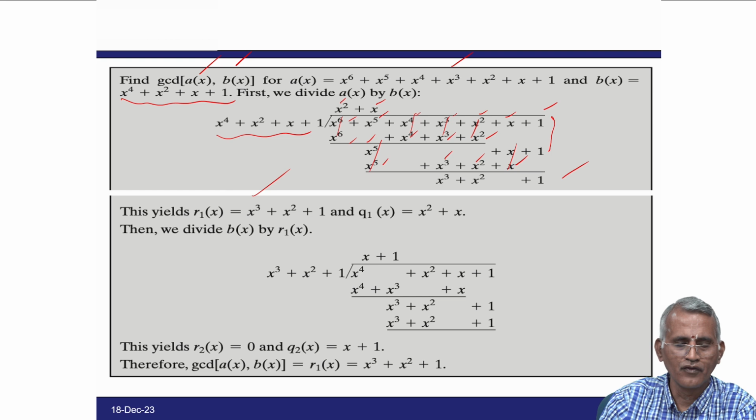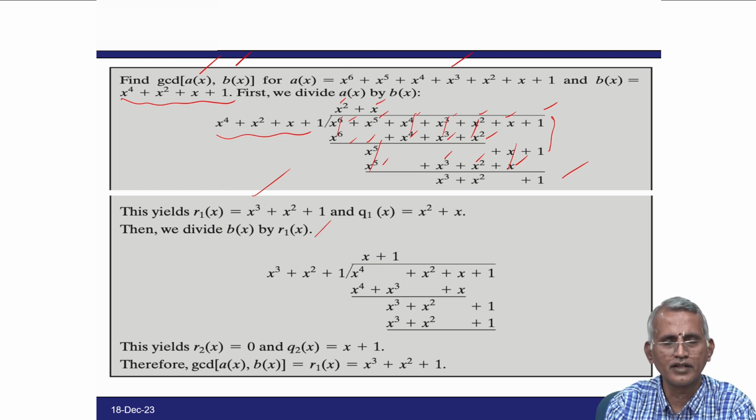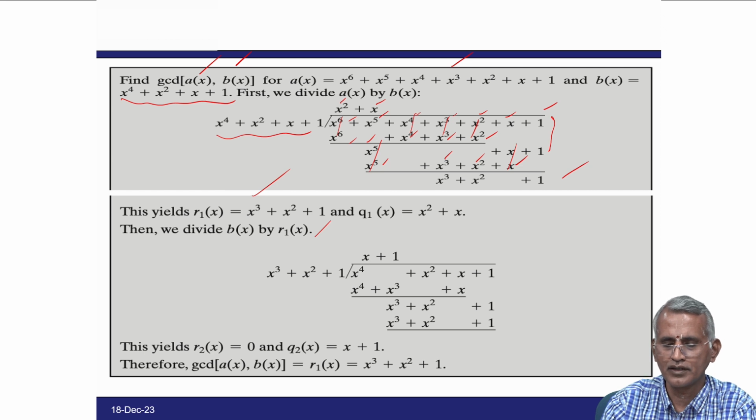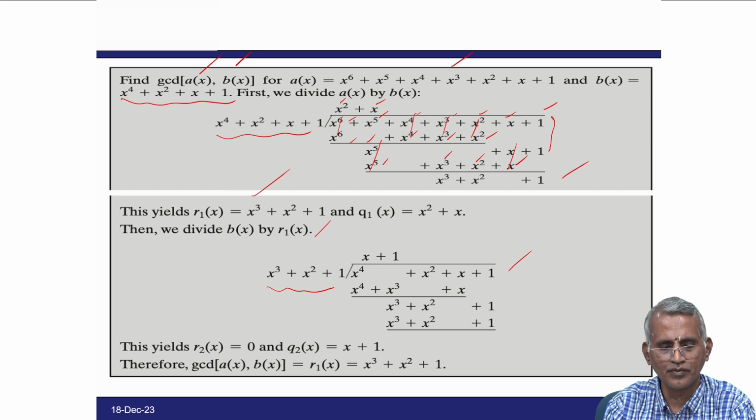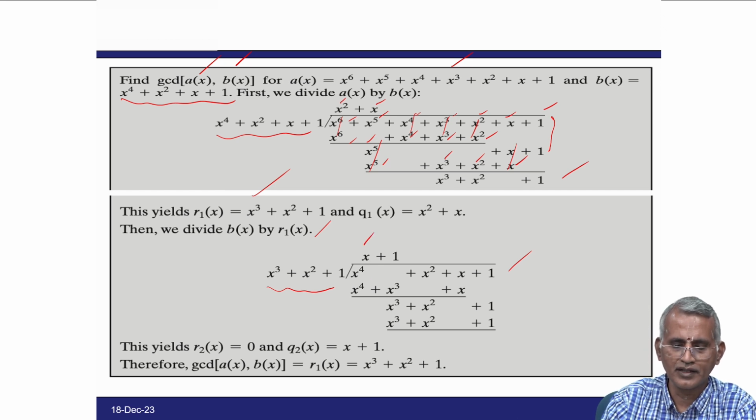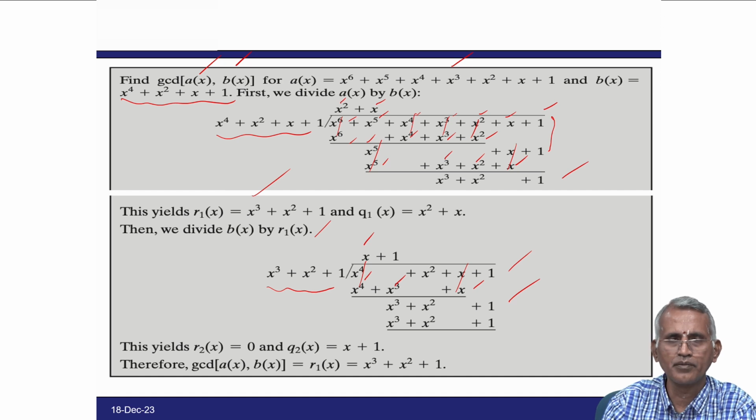And now, we divide B(x) by Rn(x): x power 4 plus x square plus x plus 1 divided by x cube plus x square plus 1. Then multiply with x, x power 4, x square into x is x cube, x into 1 is x, then subtract them, and then we have x cube plus x square plus 1, and then once again multiply with 1, x cube plus x square plus 1.